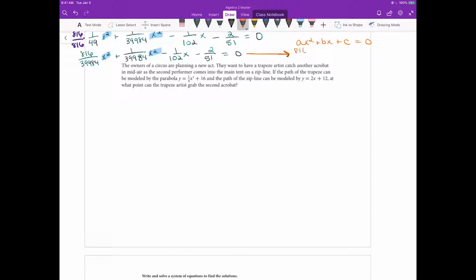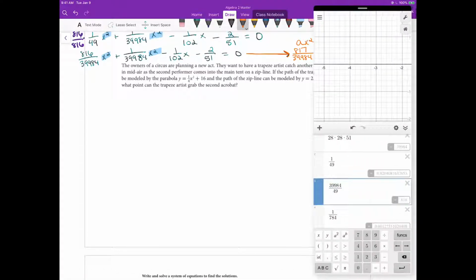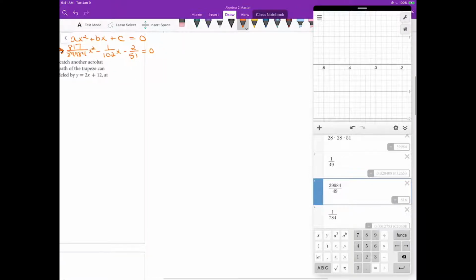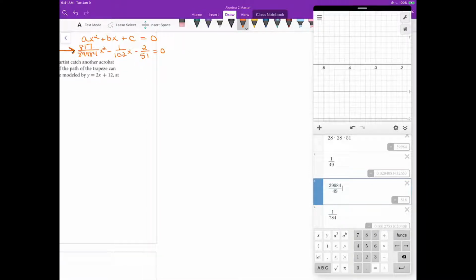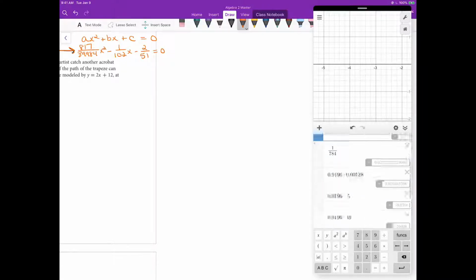So we have 817 over 399.84x squared plus or minus 1 over 102x minus 2 over 51 equals 0. And once you have it in standard form, we can get rid of these awful fractions. So let's look at these awful fractions and just concentrate on the equation we've gotten into standard form.